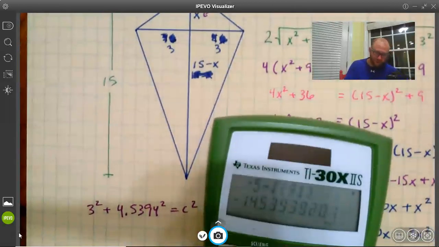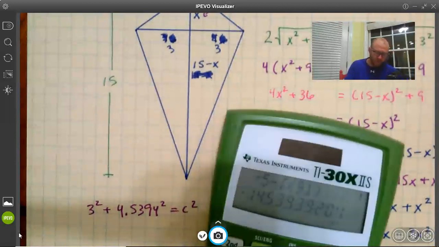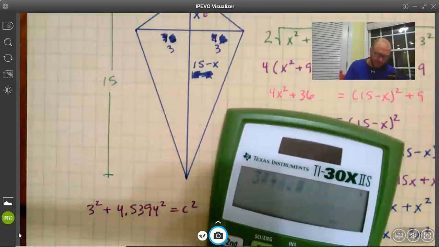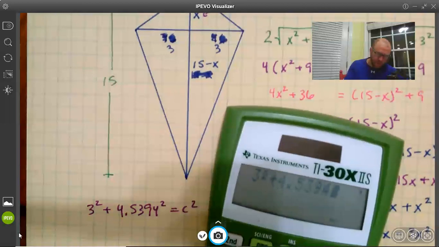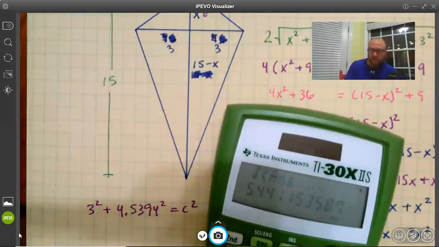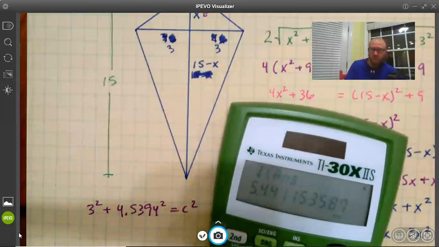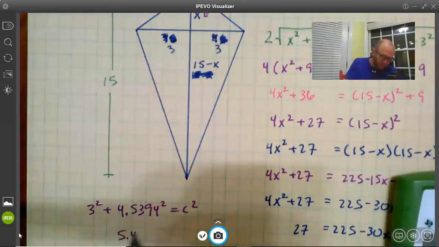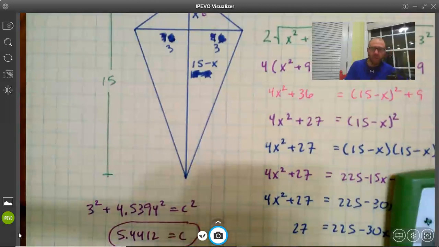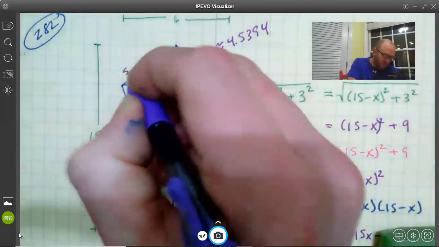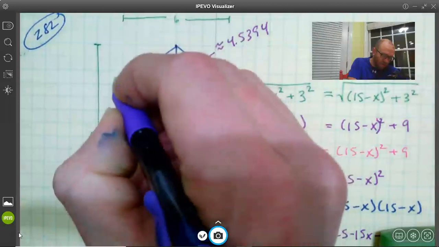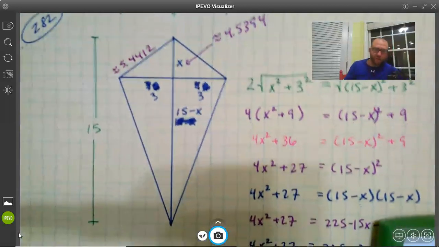So 3 squared plus 4.5394 squared, and we'll take the square root of that. The answer is 5.4412, so c equals 5.4412. Okay, I'll label that up here, approximately equal to 5.4412.